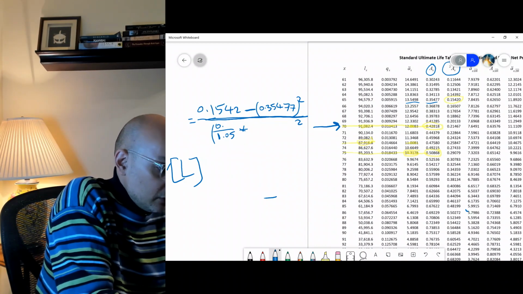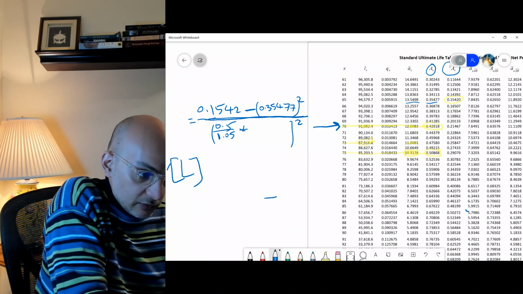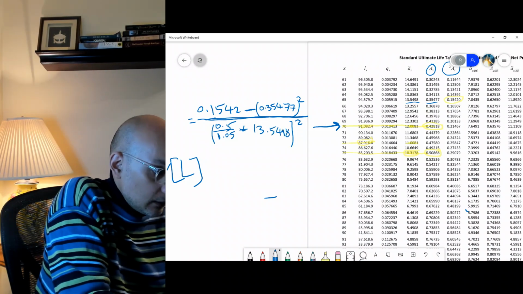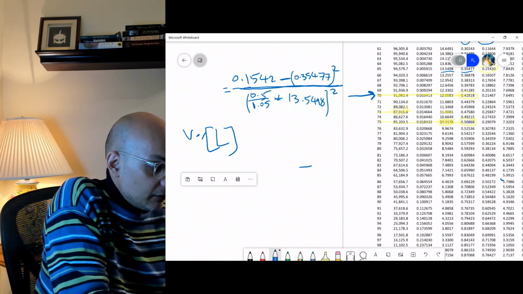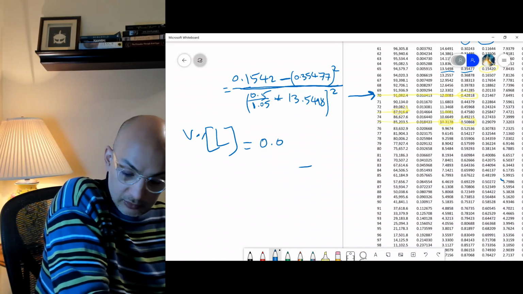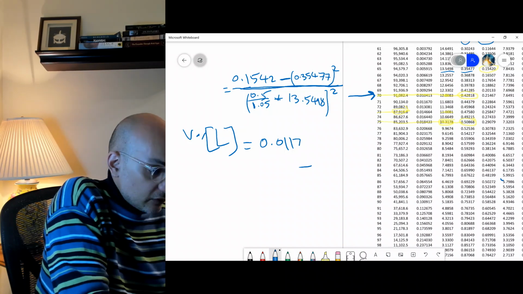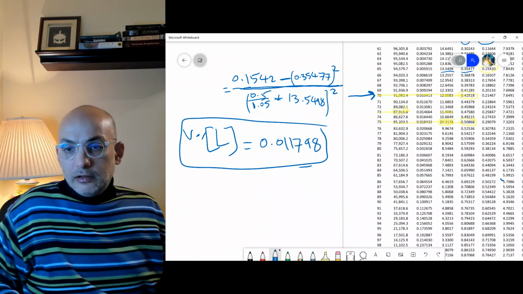So the variance of L, if you do the calculation here, it will be 0.011798. Right.